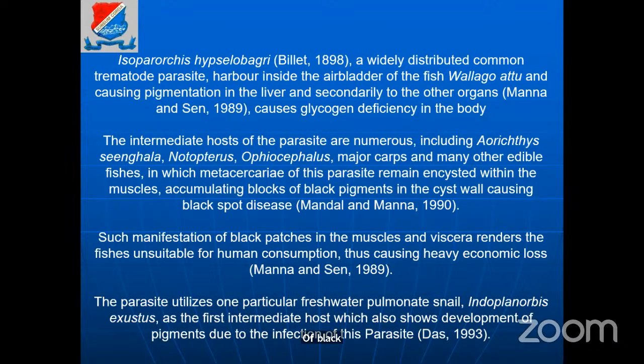So such manifestation of black patches in the muscle and viscera renders the fishes unsuitable for human consumption, thus causing heavy economic loss. The parasite utilizes one particular freshwater pulmonate snail, that is the primary host and the first intermediate host, the Indoplanorbis exustus, where they also develop the pigmentation.